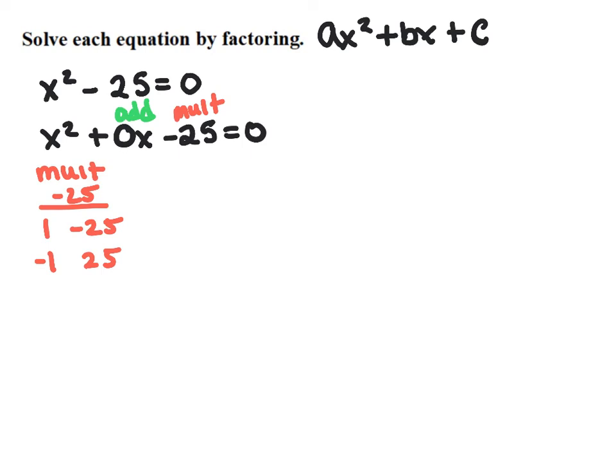And then lastly, negative 25 divided by negative 5 gives us positive 5. Now we would next normally check positive 5, however, it's already there, meaning all of our possibilities are listed.